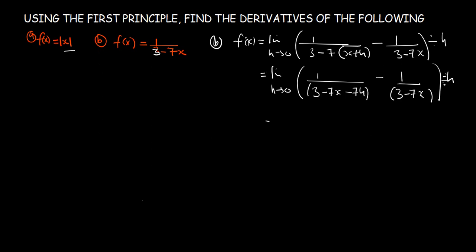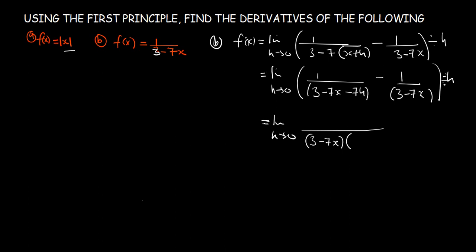Okay. So then, as we'll be doing this now, we are looking at the common denominator there also, right? So say limit as h approaches 0. So the common denominator there is everything we have there. So we have 3 minus 7x, alright.